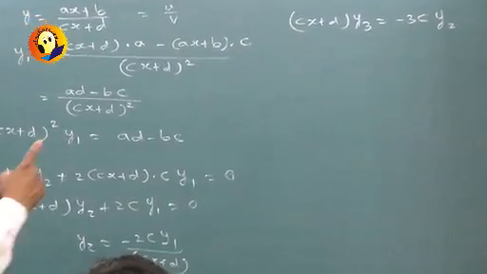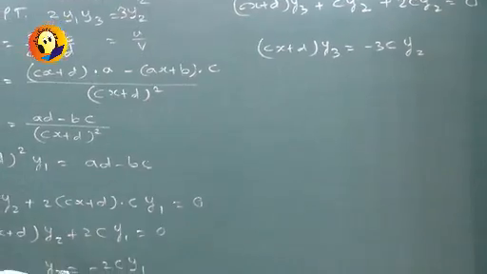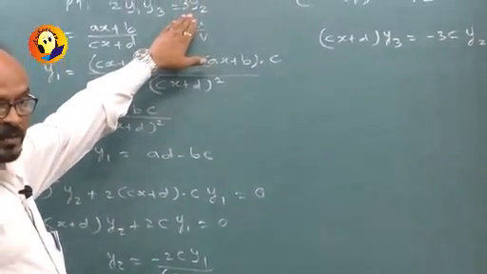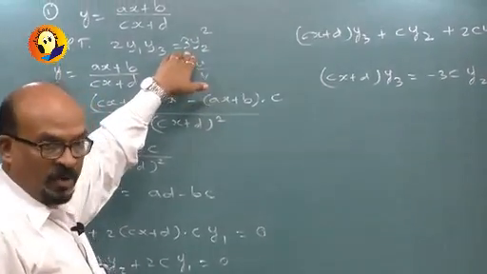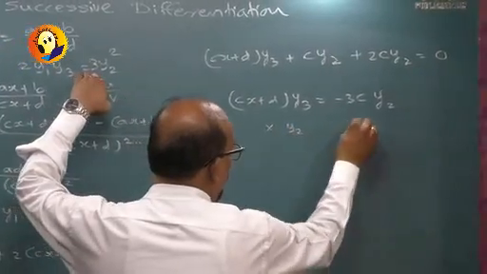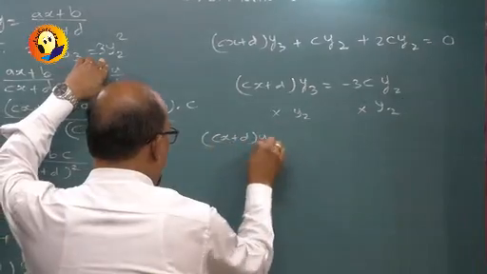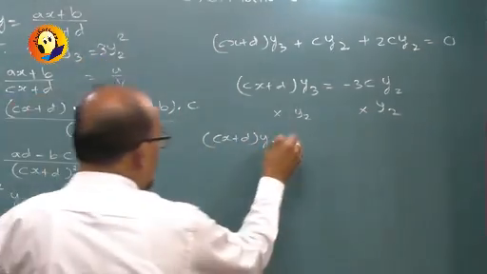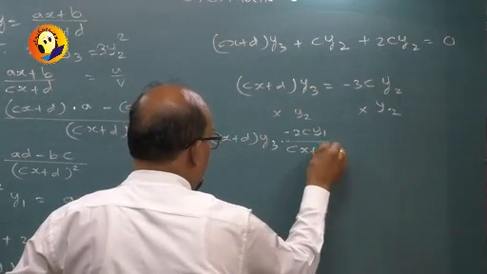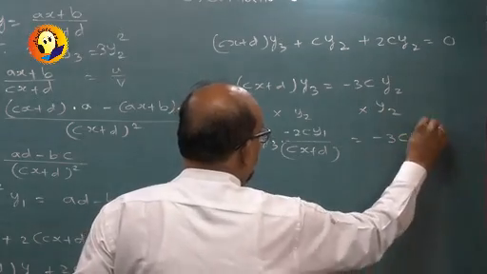We multiply both sides by y2, but once we substitute RHS and once we write it as y2, because our answer demands y2 square. So I say multiply both sides by y2, but on the left hand side it is (cx plus d) y3 into the value of y2, which is minus 2c y1 upon (cx plus d), equal to minus 3c y2 square.